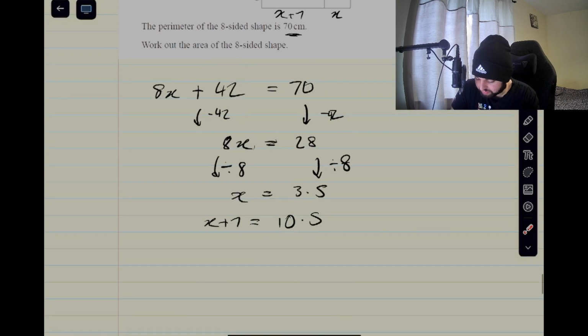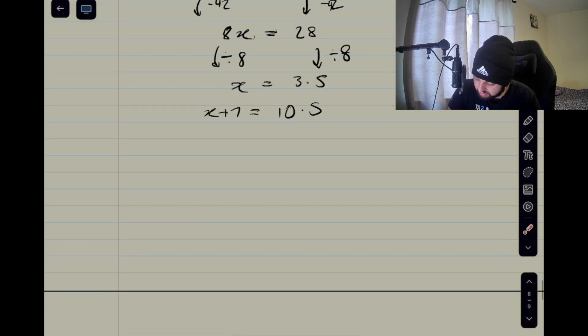We can leave these as fractions. So 7 over 2. If it's not a calculator paper, let's do it without the calculator. So this is 7 over 2, and 7 plus 3.5 is 21 over 2. But you know what?